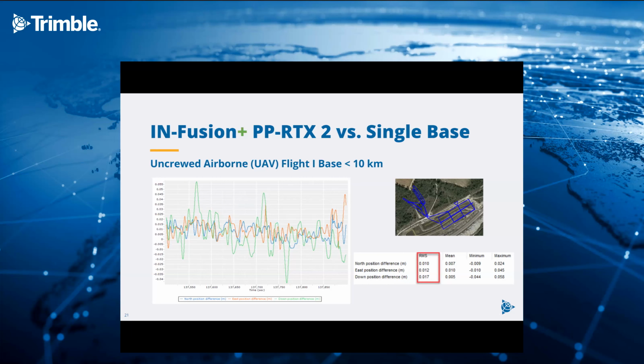And on the lower right corner, you can see this summarized in a table. So we can derive, obviously, the RMS value when we compare both processing modes over the GPS time. And we can see that the northeast error is about 1 centimeter and the down position error is about 2 centimeter. And that example even outperforms our PP-RTX specifications that I mentioned before.